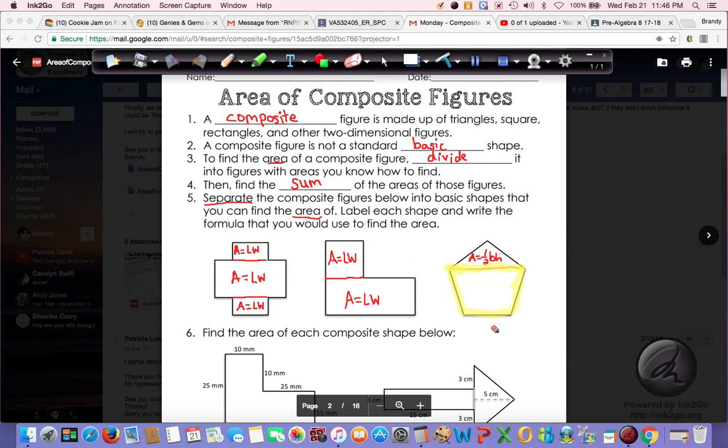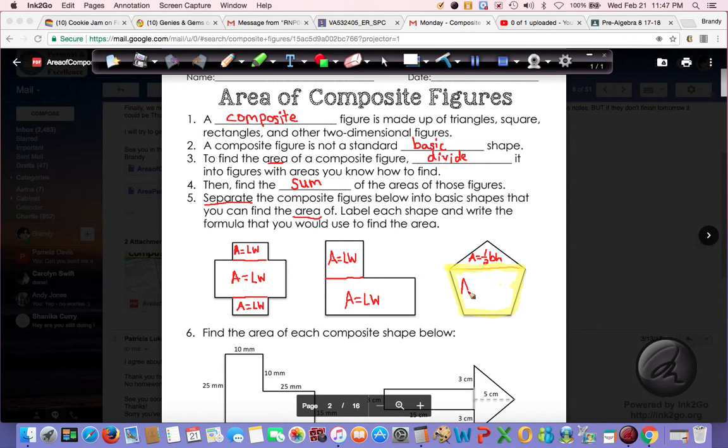They will never touch no matter how far you go. So those would be your two bases. Then we have our slanted sides. So they would have to give us a height, right? That dotted line height if they wanted us to find the area of this.